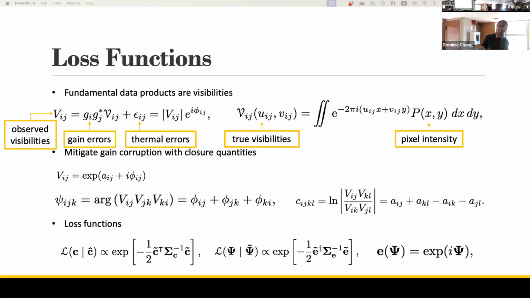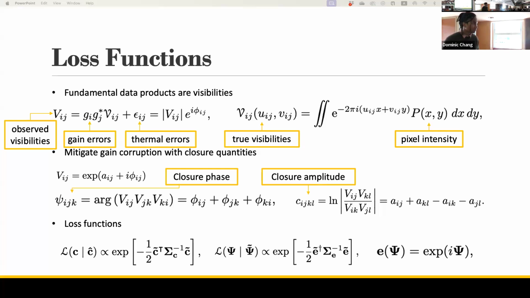The visibility is just a complex number because it lives in the complex plane. You can construct what are called closure phases and closure amplitudes out of the visibility in this way. That allows you to define loss functions which are mostly gain invariant. They're not exactly gain invariant, but without noise they are, and once you include errors, they're mostly gain invariant.